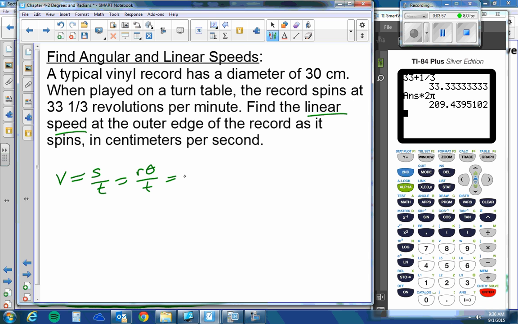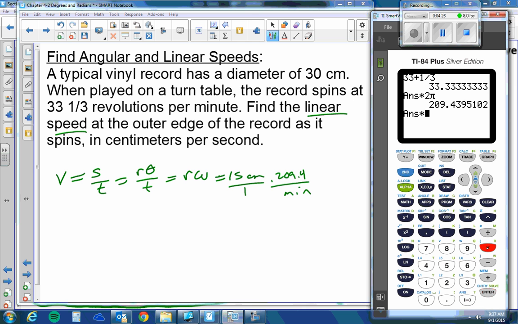That means you do the angular speed times r. That's all we need to do since we already know the angular speed. Yes? So, the radius is 15 centimeters. The angular speed is 209.4. You got me quickly at that one. That's good. So that's 15 centimeters for the radius times 209.4 radians per minute.